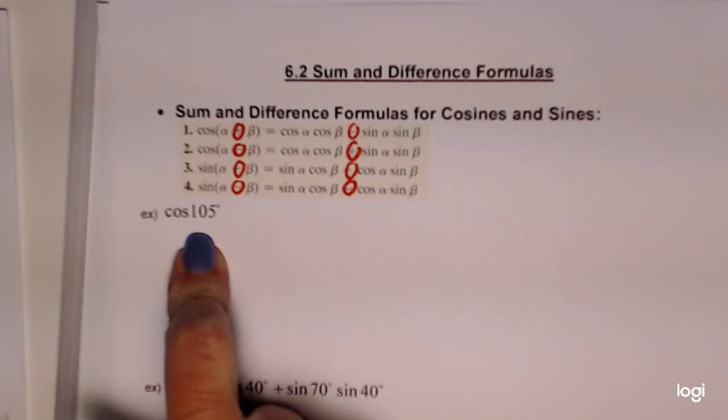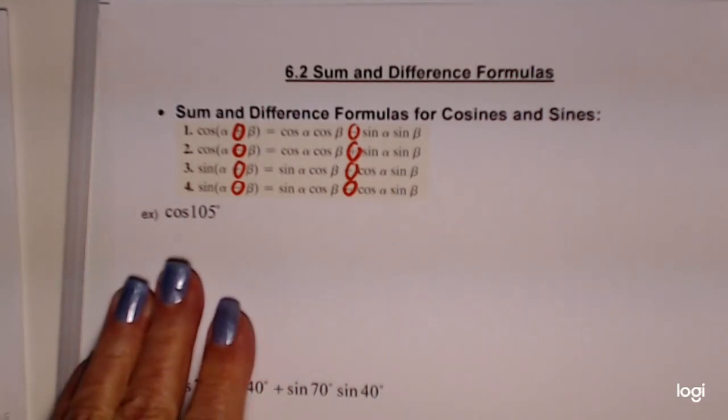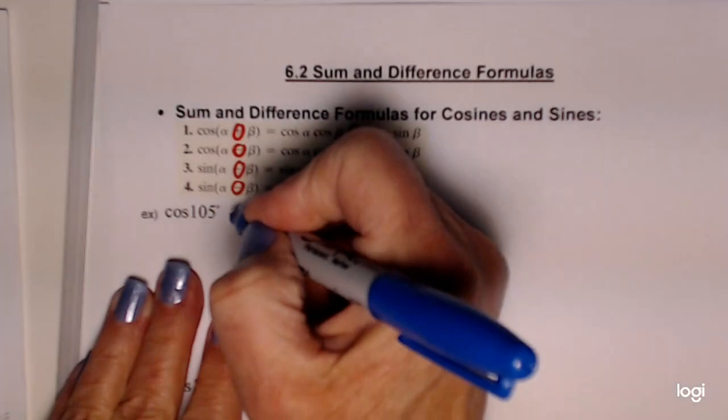So what we want to see is, can we break down this angle of 105 degrees into two angles that we do know? And yes, we can. 105 can be broken down into 60 and 45, and we do know the cosine and sine of both of those angles.